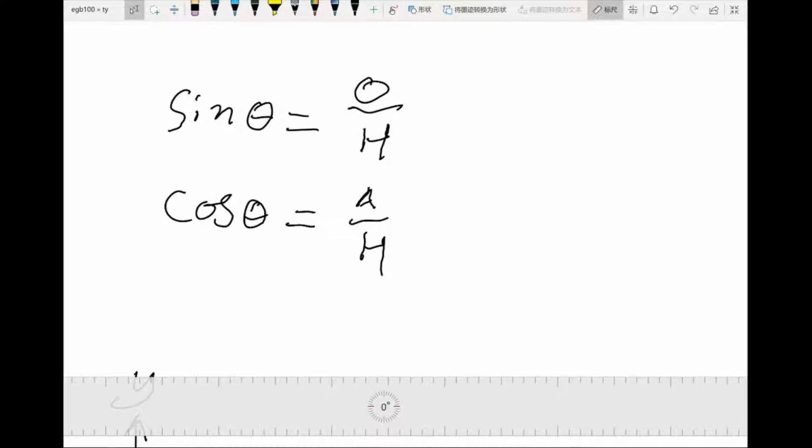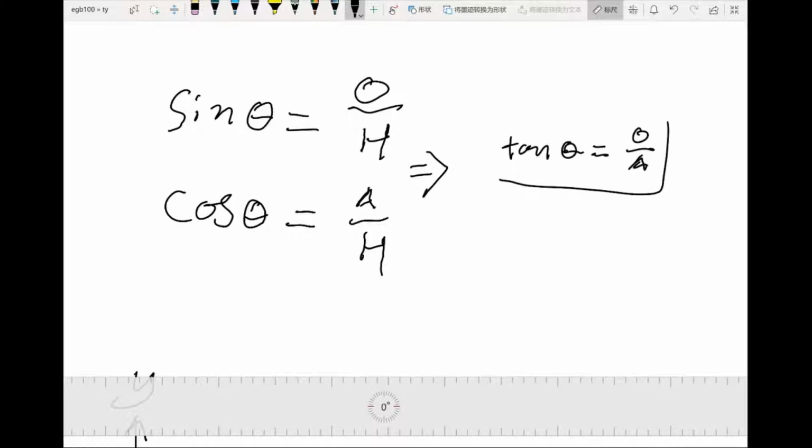And then tangent, well, tangent is just combining these two to give us tan theta is equal to opposite over adjacent. There we go.